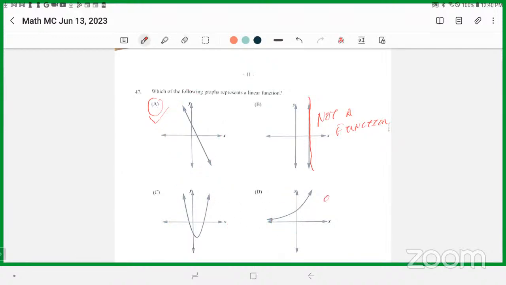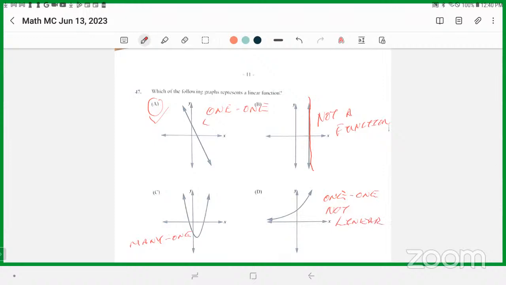This is a one-to-one function, this is a one-to-one function as well, and this one is a many-to-one function. This one is a many-to-one function too, but it is not linear. That's not a line. That is why this one is not the answer.